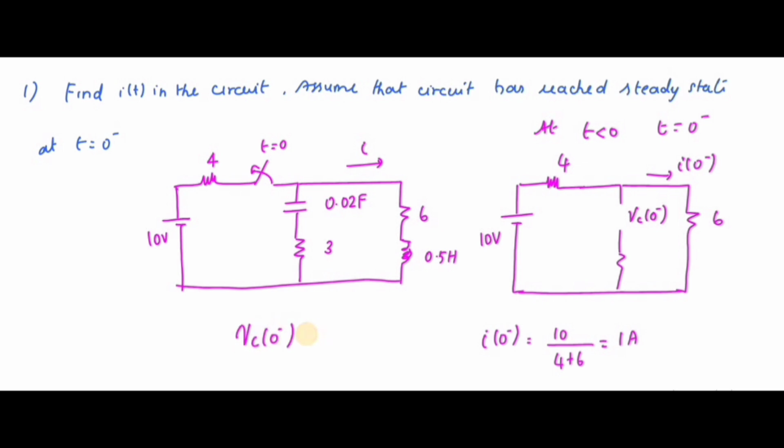So v_C of 0 is 6 into 1, that is 6 volt.